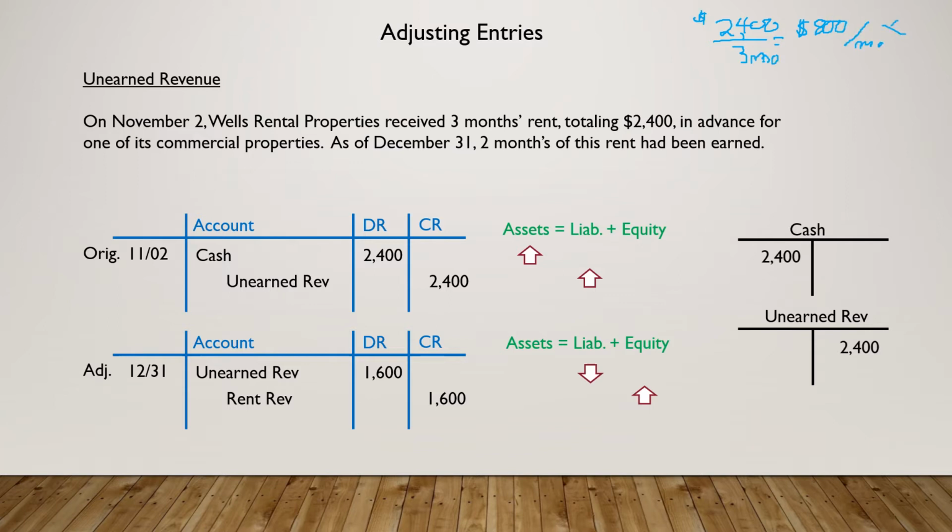If Wells has earned 2 months for November and December, that means it's earned a total of $1,600. Then post to the T accounts. You'll see that the updated balance in unearned revenue becomes an $800 credit, the amount owed for the remaining 1 month.